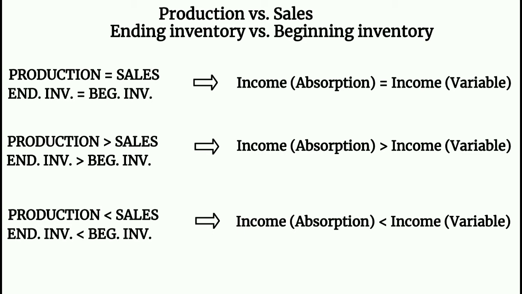As you can see, absorption costing follows production, while variable costing follows sales. Aside from that, absorption costing follows ending inventory and variable costing follows beginning inventory.